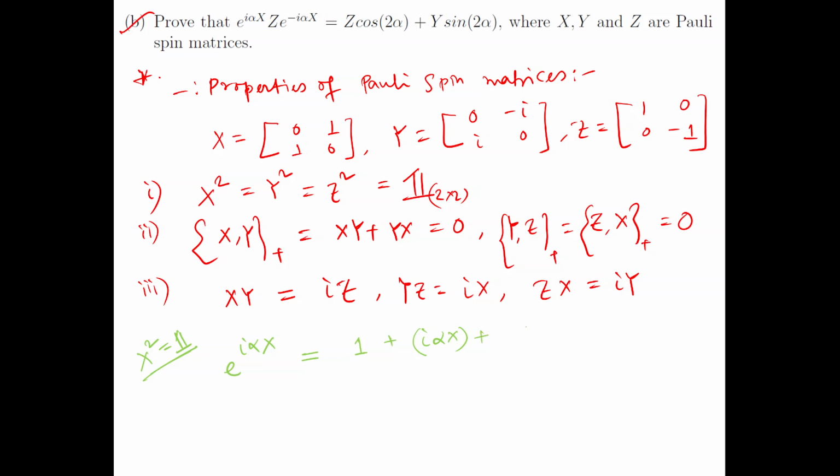Which will give us 1 plus i alpha x plus (i alpha x) square over 2 factorial, (i alpha x) cube over 3 factorial. Now, if I write all these terms, you will see soon.